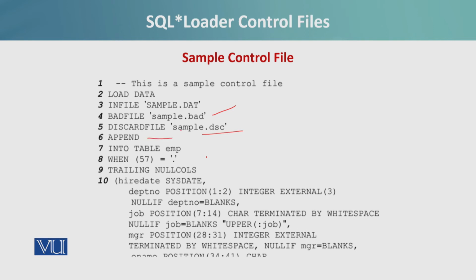APPEND is optional if you want to use it, and this is our target table, where we put the data. Similarly we have columns as well, so this portion is related to columns and other details. So this is how a sample control file can be seen. Of course it's going to be lengthy, but later on it is normally managed with the help of other options as well.